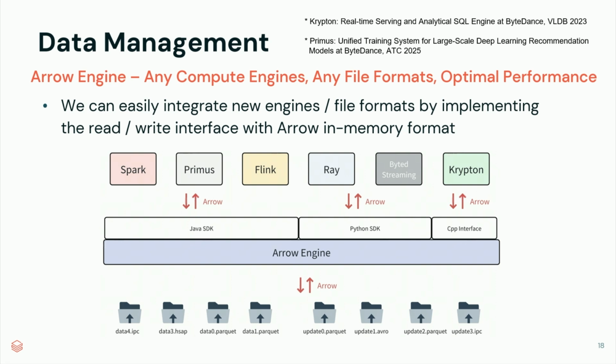So our solution is to define an abstract read-write interface based on the Arrow in-memory format. Any new file format only needs to implement its own read-write interface to get supported in Magnus Lake. And then we wrap the scan task and writing interface for different languages so that a new engine could also be easily supported by just integrating with the language SDK.